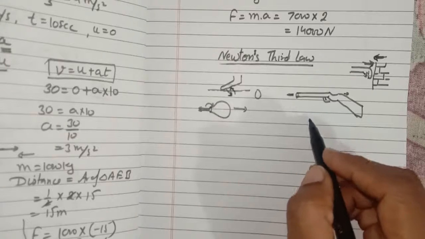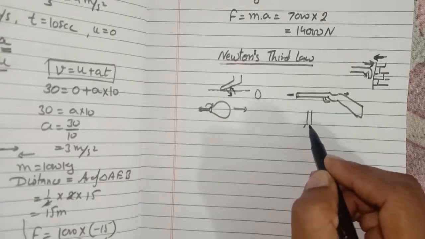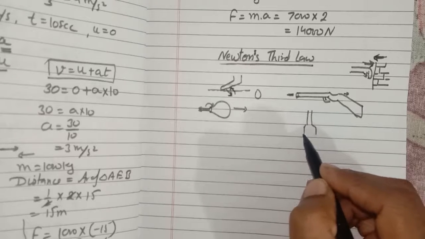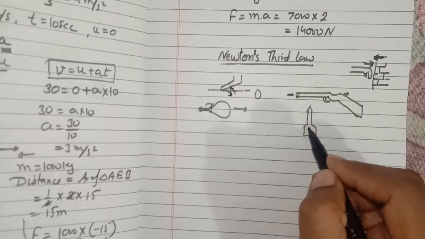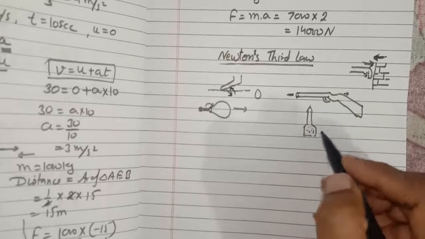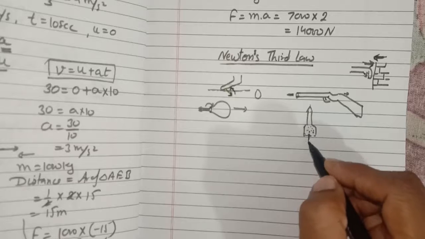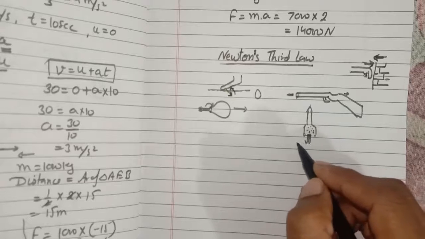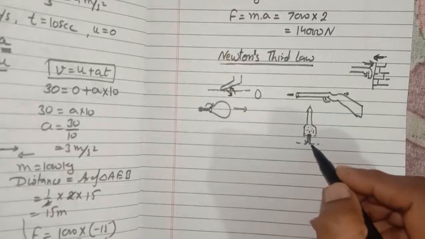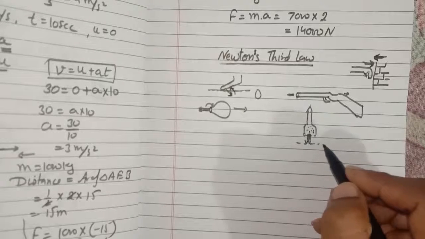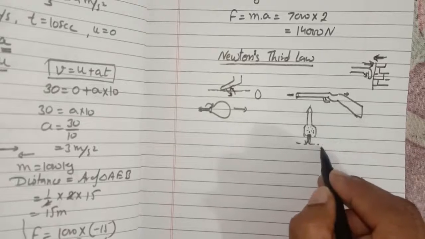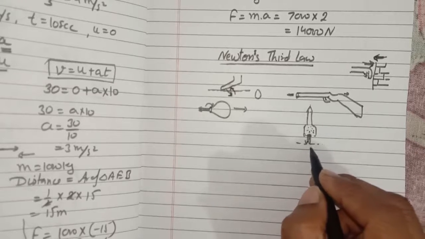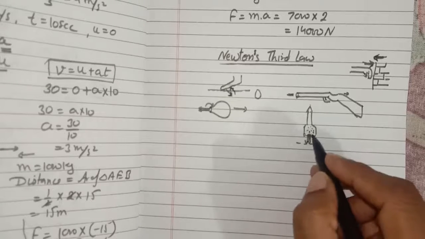What happens in the case of the rocket? We burn a lot of fuel in a rocket, and this fuel makes a lot of gas here. And if we throw this gas in this direction, the direction in which this gas exerts the force on the ground or the earth, then for this action, the ground or the earth also exerts an equal and opposite force as a reaction on this jet or rocket.